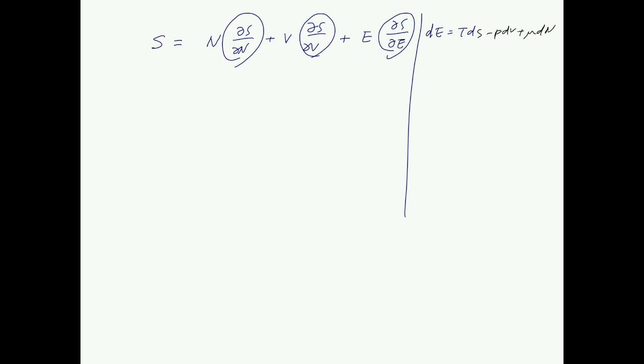From here I can rearrange it: dS is 1 over T dE plus P divided by T dV minus mu divided by T dN.